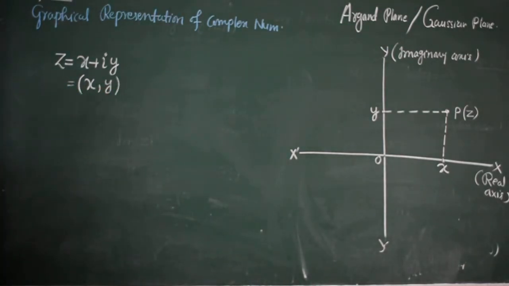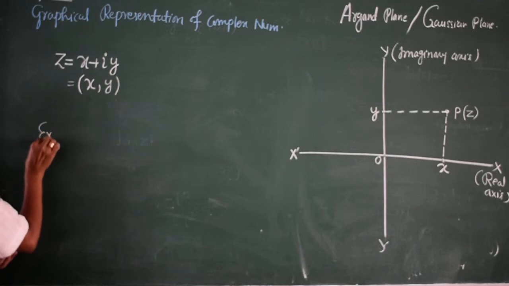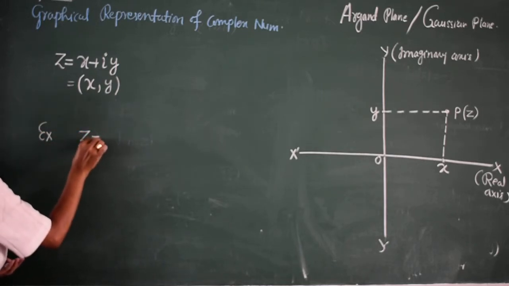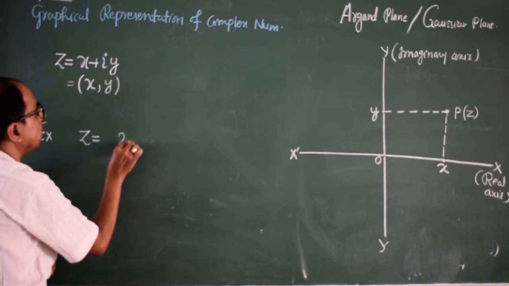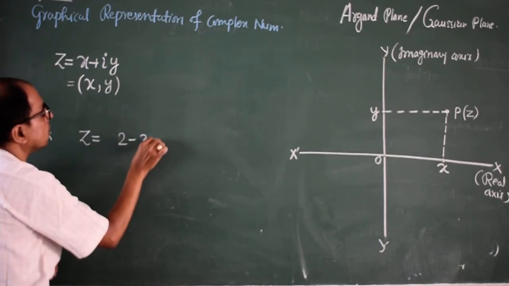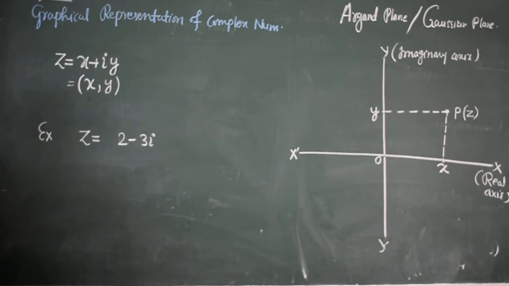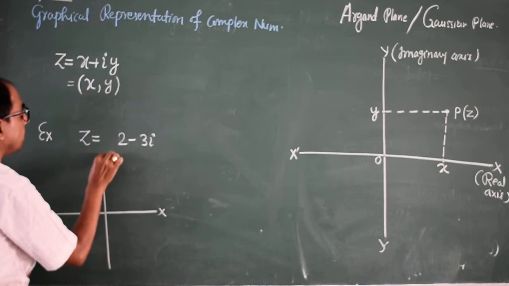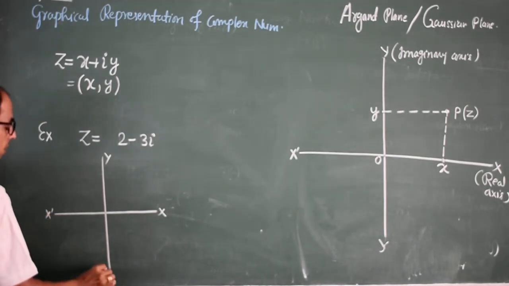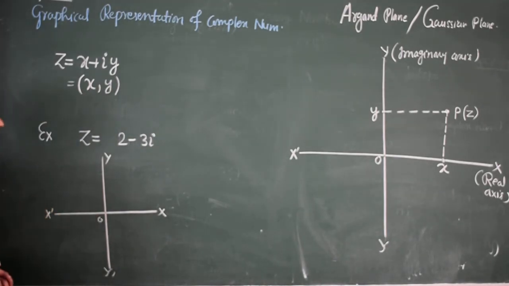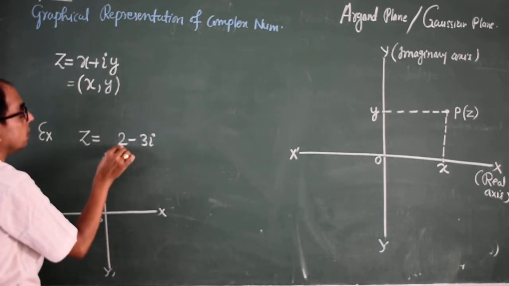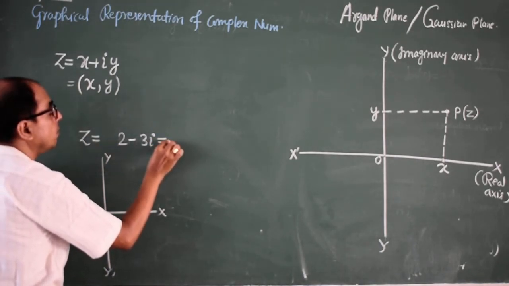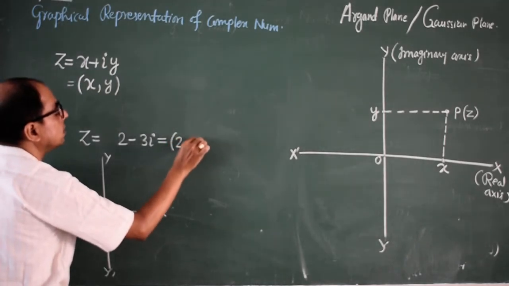Now suppose we have to plot an example. Suppose we have to plot this complex number 2 minus 3 iota. So where will this complex number be? Draw the Argand plane. The Argand plane is similar to the xy plane. Now here the complex number can be written as 2 comma minus 3.